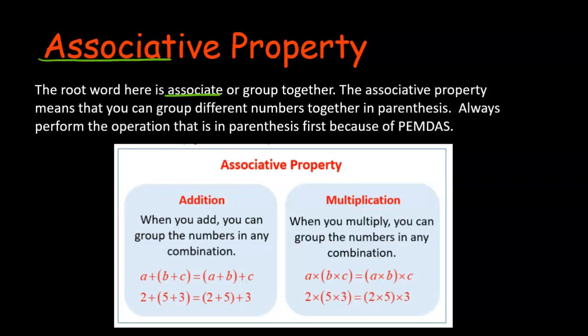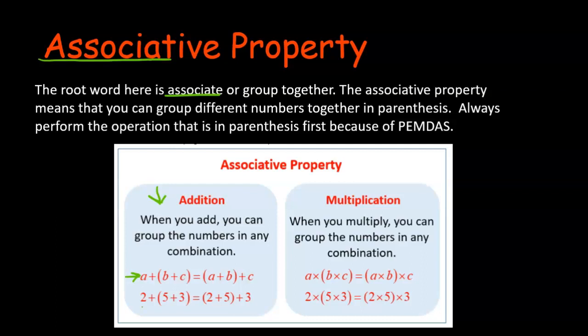So for addition, we'll talk about the addition property first. When you add, you can add a group of numbers in any combination. Look at this first example here. You have A plus the sum of B plus C equals the sum of A plus B plus C. So you just move the parentheses from the B and the C to the A and the B. So this is some numbers here.